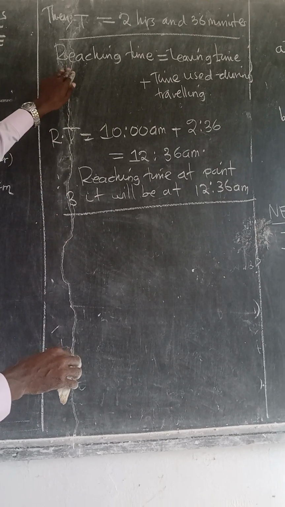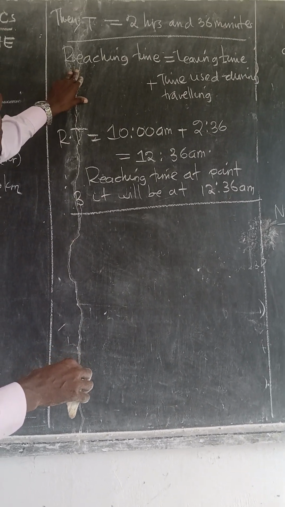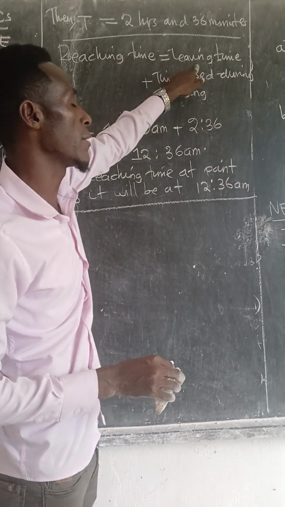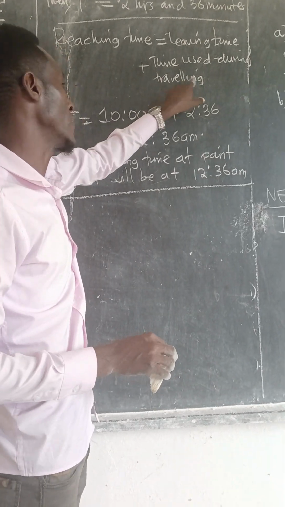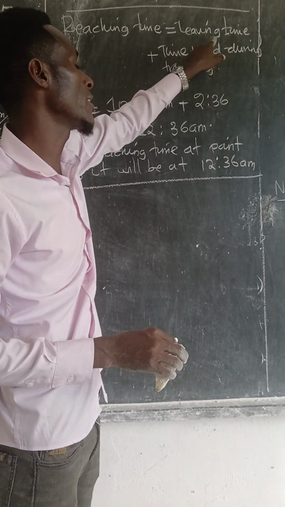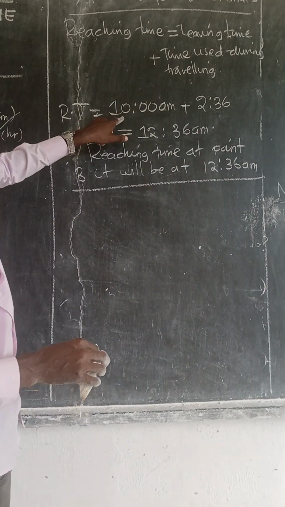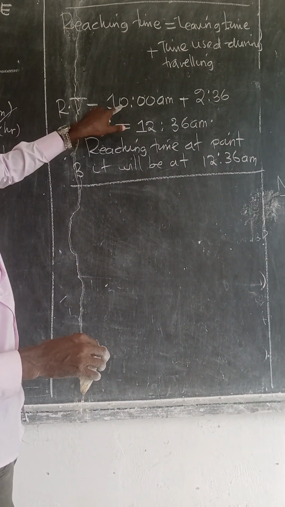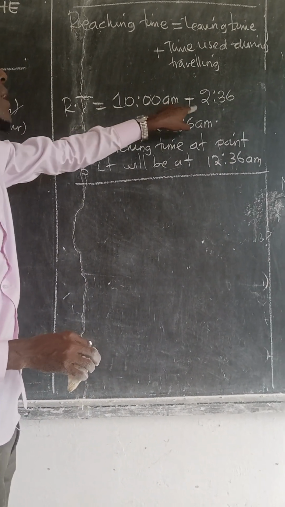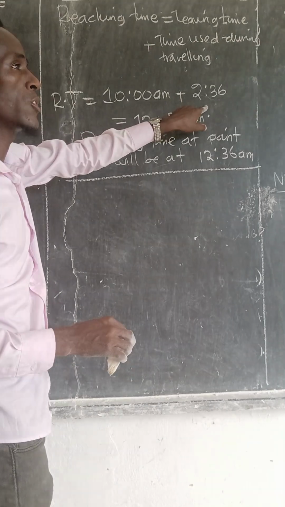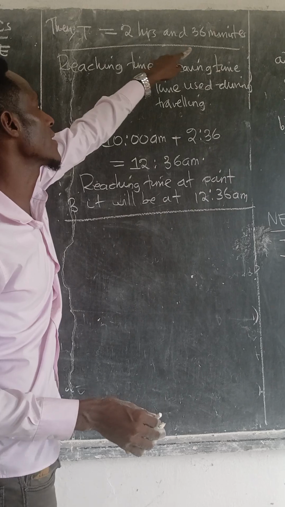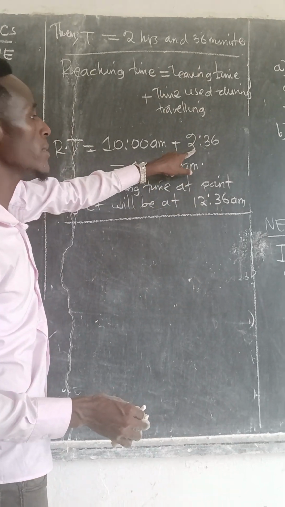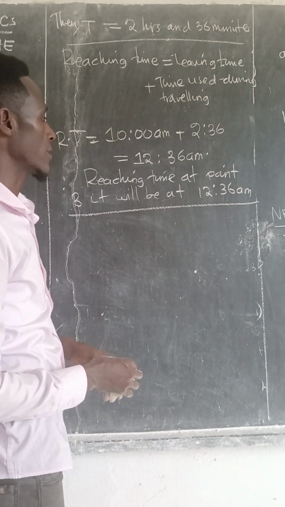So the reaching time is equal to the leaving time plus the time used during traveling by the ship. The leaving time was 10 o'clock, plus 2 hours and 36 minutes.